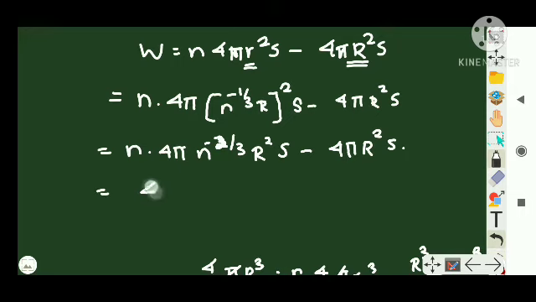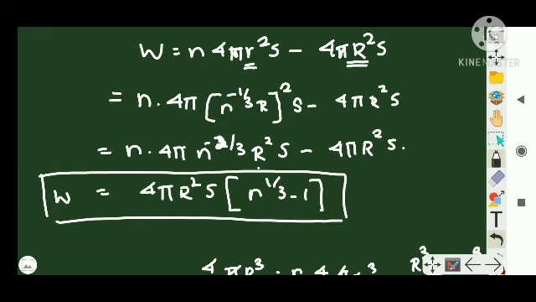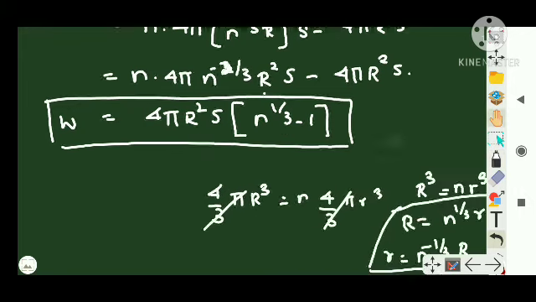Or I can write 4 pi R squared S, as R squared S is common, into (n raised to 1 by 3 minus 1). This is a general formula for the work done for a larger droplet to be split into smaller droplets, or n number of droplets. Clear? Right?